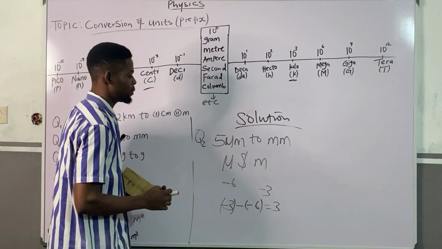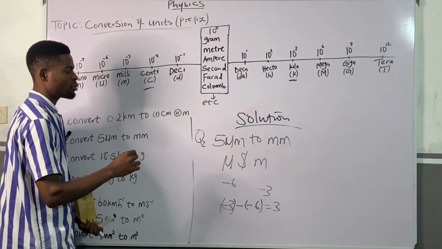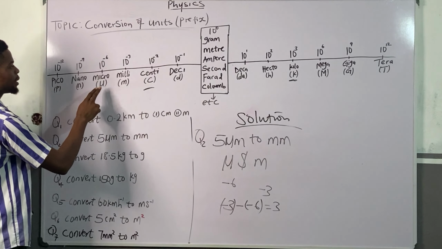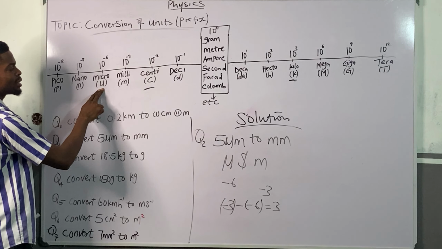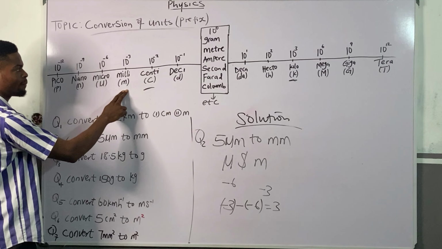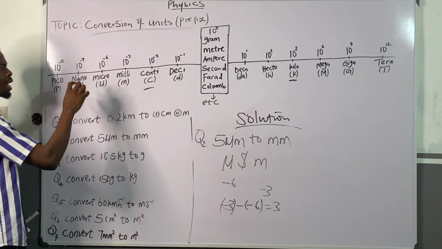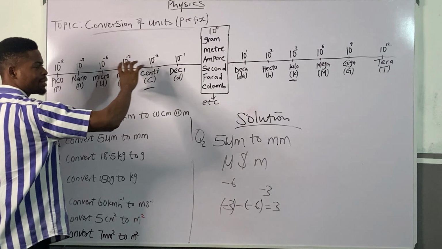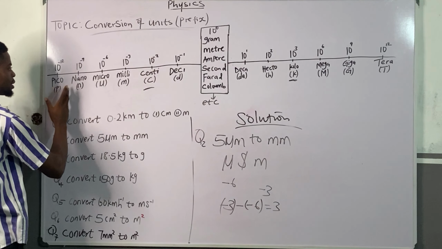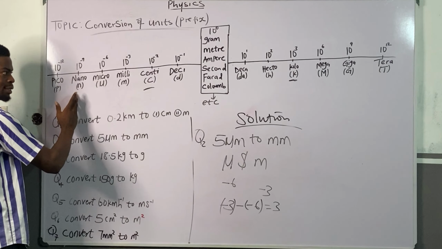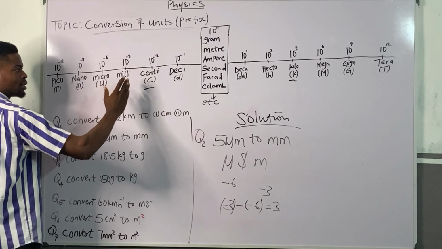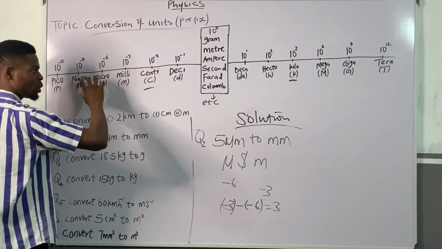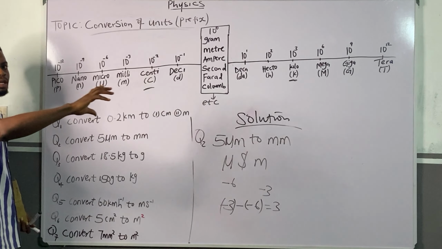Okay, now since we are converting from a less unit to a greater one, mind you that micro is smaller compared to milli. In short, as you move from the left toward the right, the prefixes are increasing. So this is greater than this is greater than this is greater than this. So as you're moving toward the right, they are increasing in value.